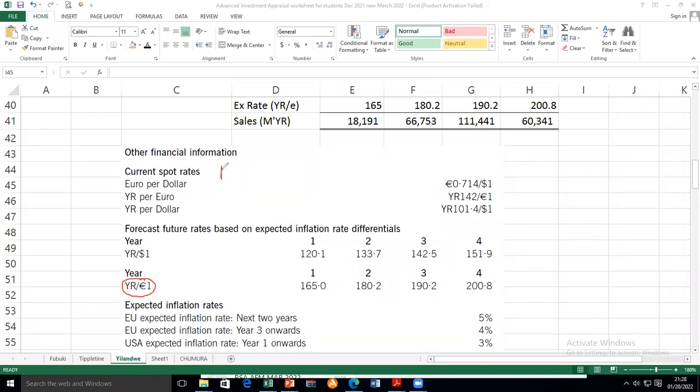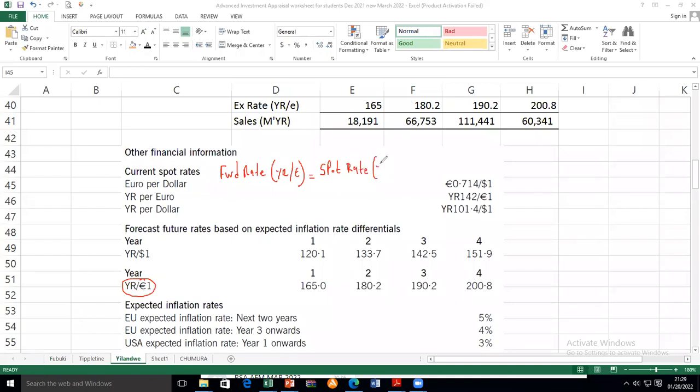So to calculate the forward rate, the format is Y run on a euro. You take a spot rate, and the spot rate that you take must be in the same format.